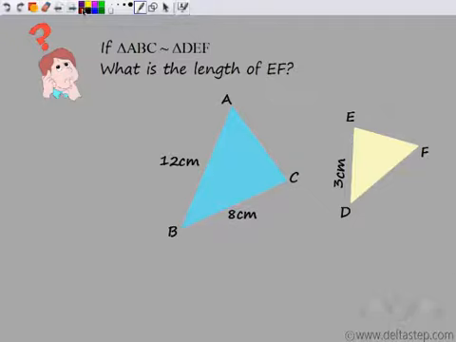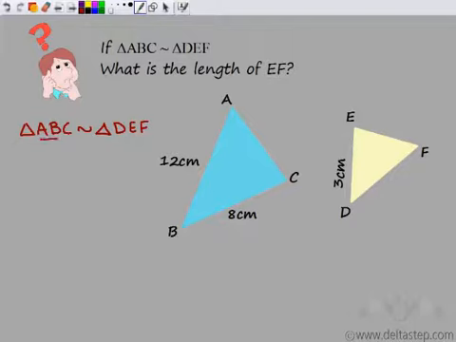What I know is that triangle ABC is similar to triangle DEF. If two triangles are similar, the ratio of the corresponding sides is proportional and the angles are equal. So we know the sides. So let's use that. We know AB and BC and DE. What I need to find is EF.